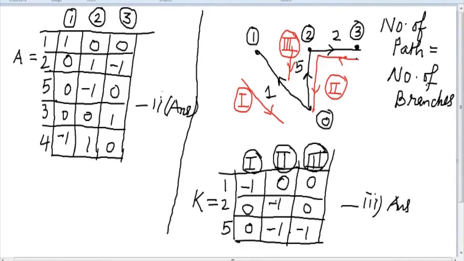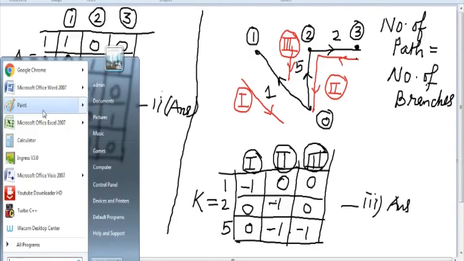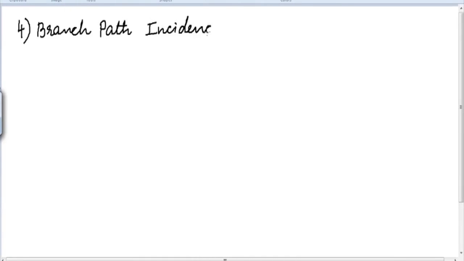Okay, so let us draw it. This fourth matrix is denoted by the letter B.